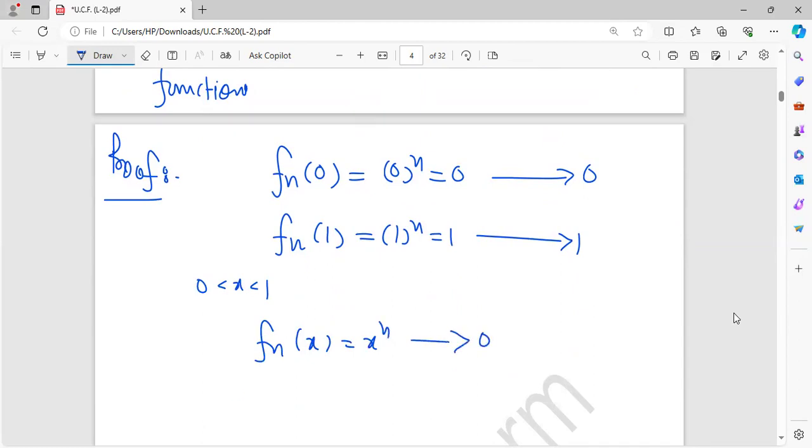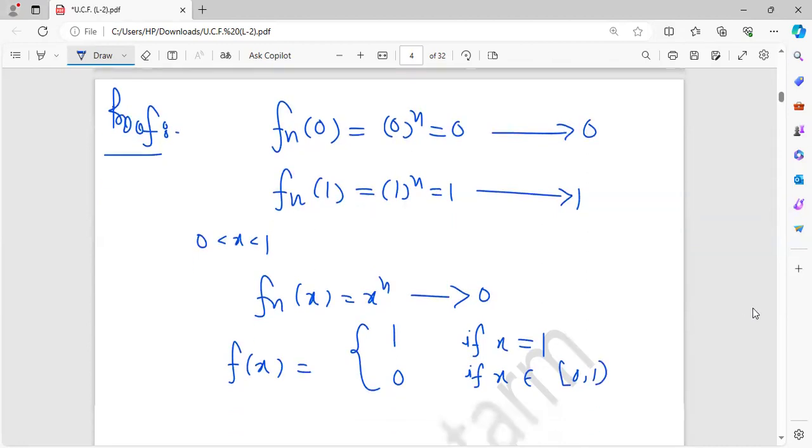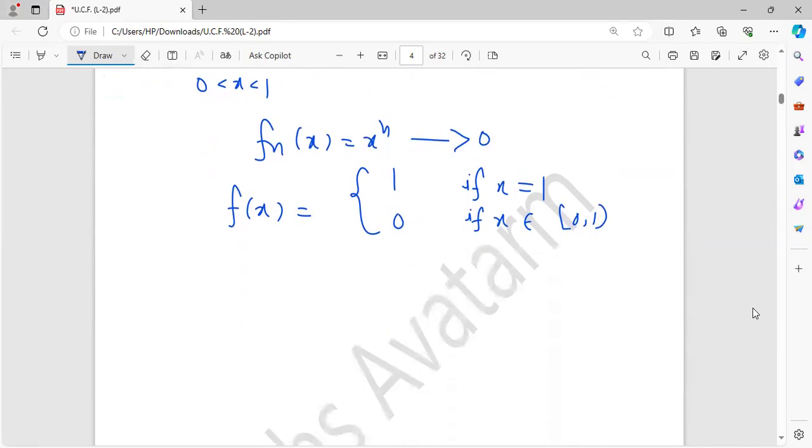Okay. So what is the pointwise limit? The pointwise limit is 1 if x is equal to 1 and 0 if x belongs to the open interval (0,1). So it means fn converges to f pointwise.